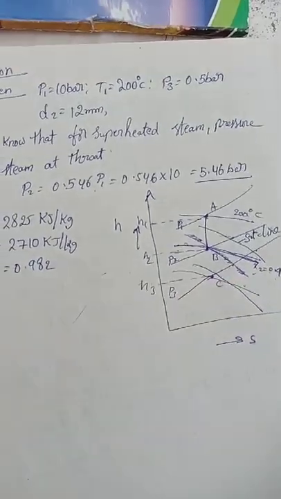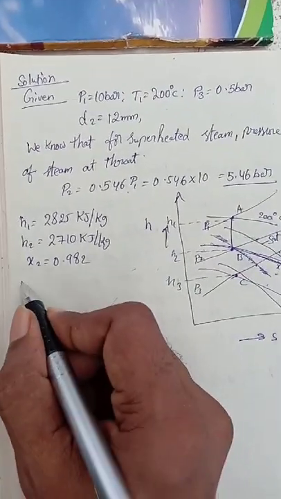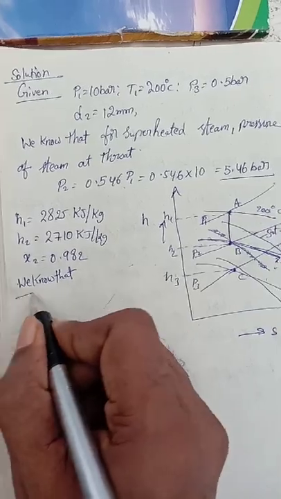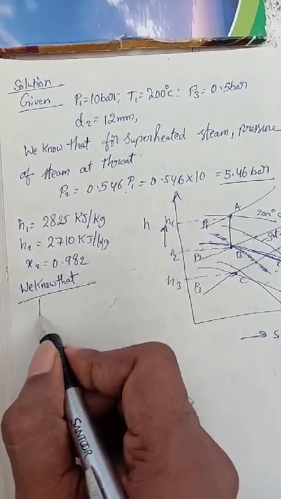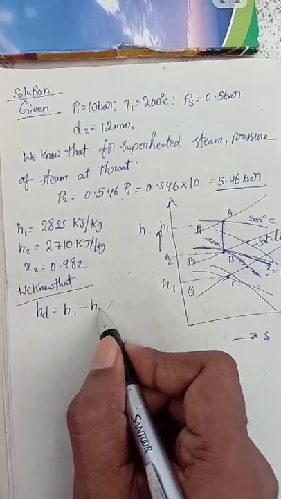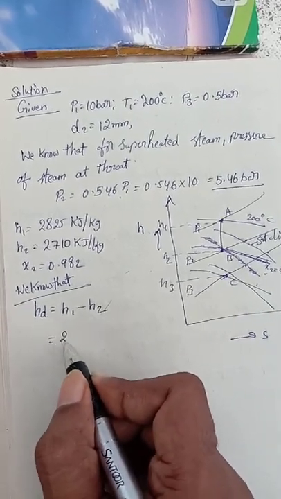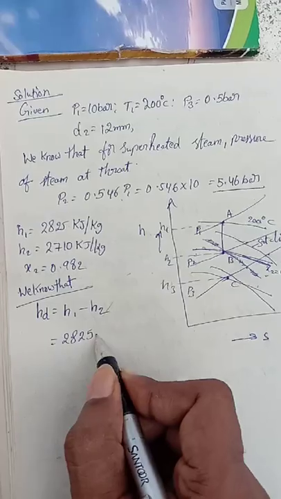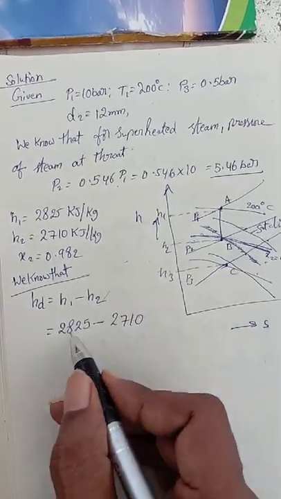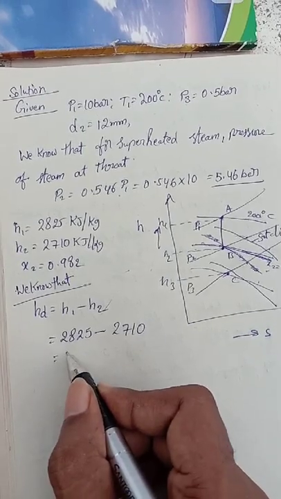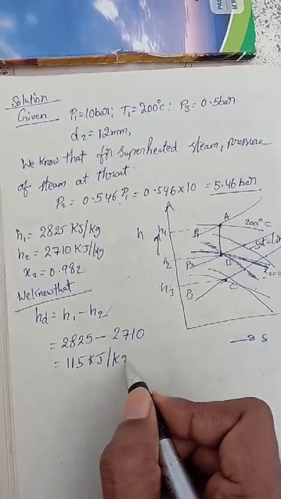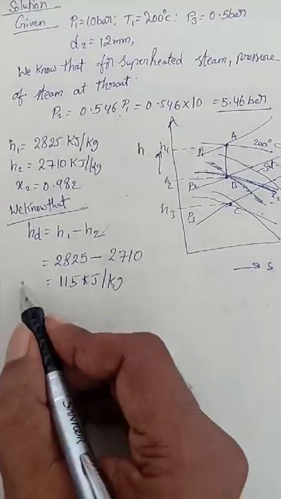This is the value. Okay, and now we know that heat drop HD is equal to H1 minus H2. So H1 minus H2, then calculate this, we'll get the heat drop.